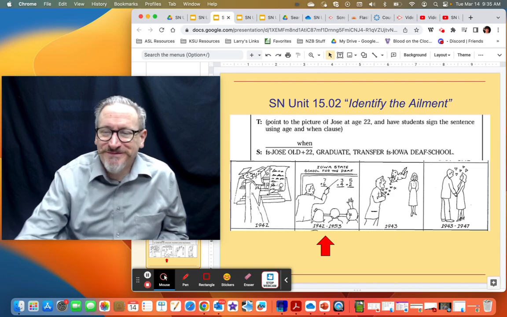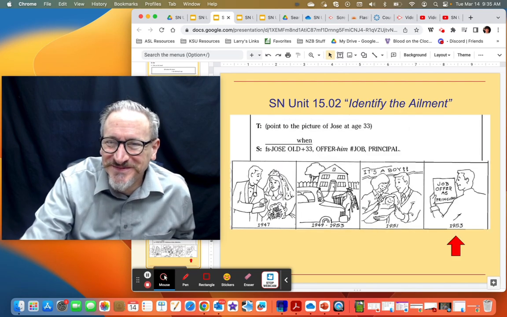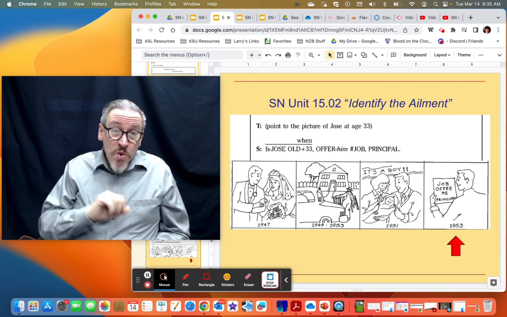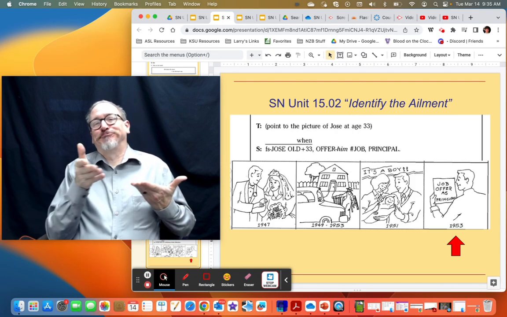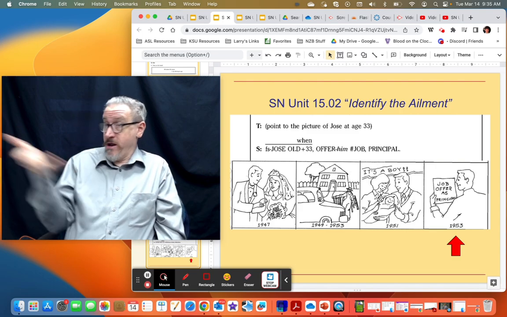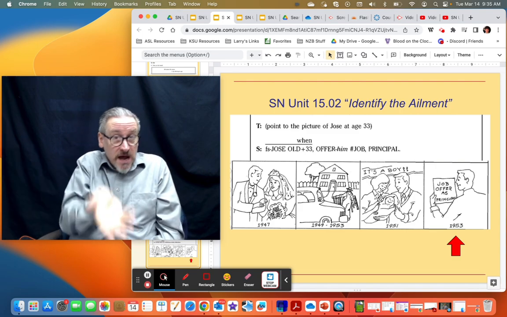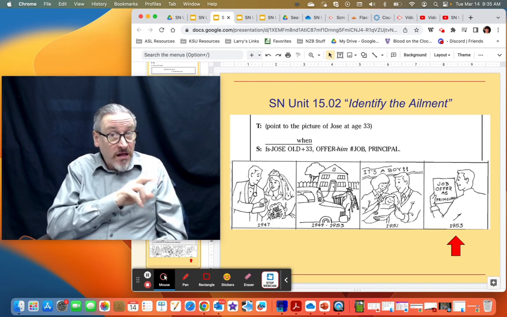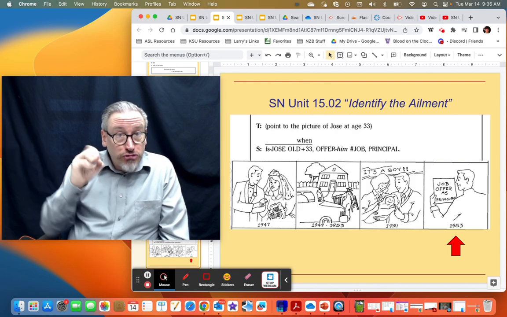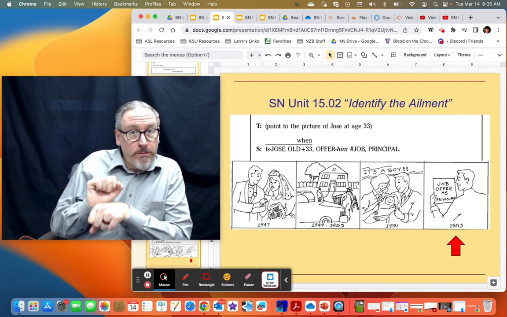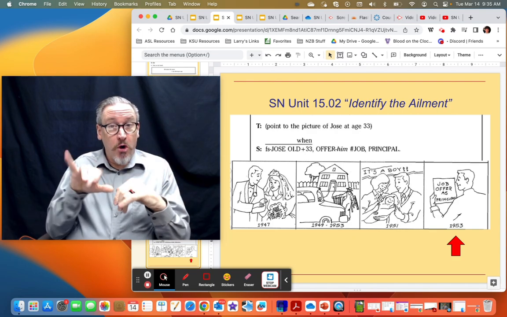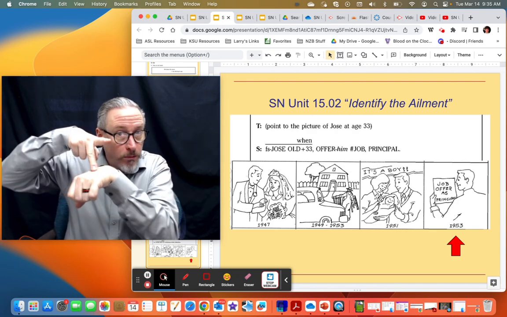That's not my signature. That's someone else. And I'm setting it up because another location is offering a job, right? It's not from here. Job, right? And notice I'm setting up offer job, principal.